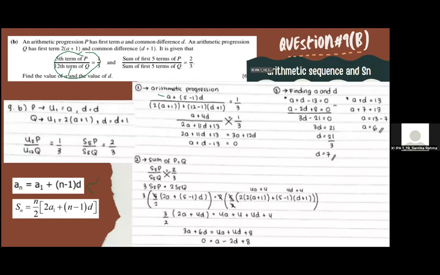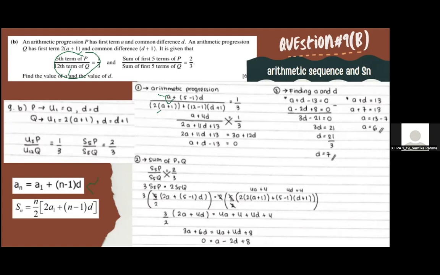After that, we simplify this and the bottom part too to get a plus 4d over 2a plus 11d plus 13 equals 1/3.